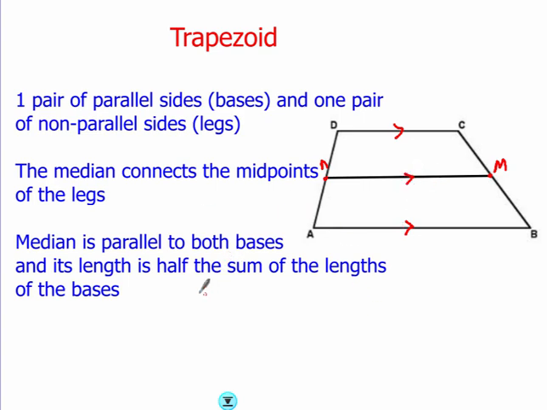And the other property is that its length is half the sum of the lengths of the bases. So if I took the length of DC and I added it to the length of AB, and I took that whole thing and I divided it by 2, that would give me the length of NM. So the median connects the midpoints, it's parallel to the bases, and its length is half the sum of the lengths of the bases. Okay, and these are the properties of a trapezoid.